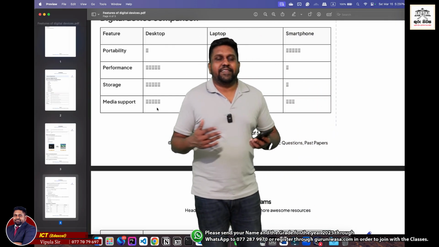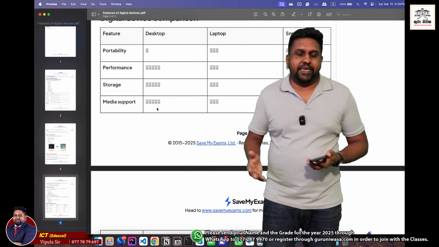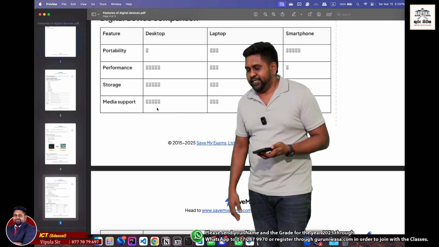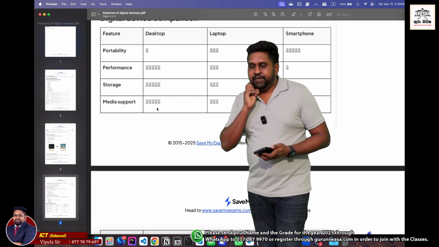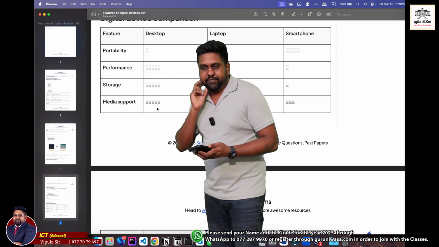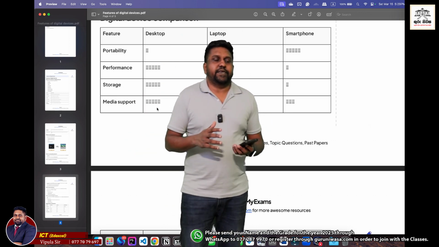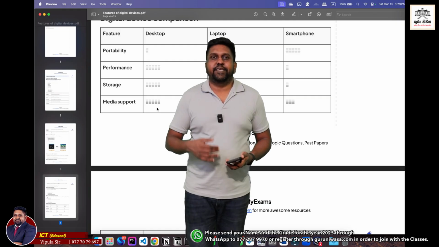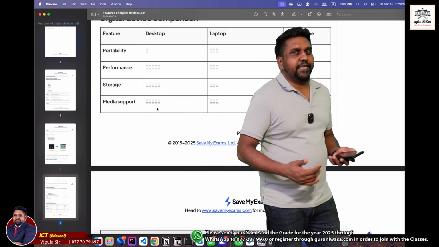When we say media support, you might say laptops can play anything as well as smartphones can play anything. That is perfectly true. But here, what they specifically mean by media support is different types of graphical rendering, video processing, sound processing, and so on.